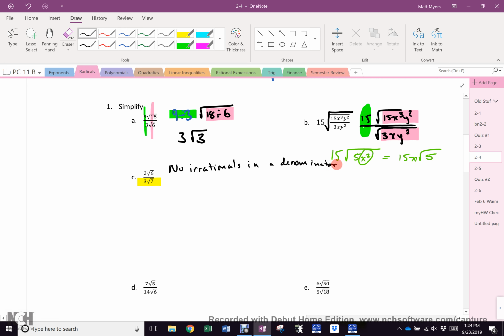Simply because if you have an irrational in the denominator, you don't have a rational answer, do you? All right. So, because this is not allowed, we have to do something to get rid of it. Right?